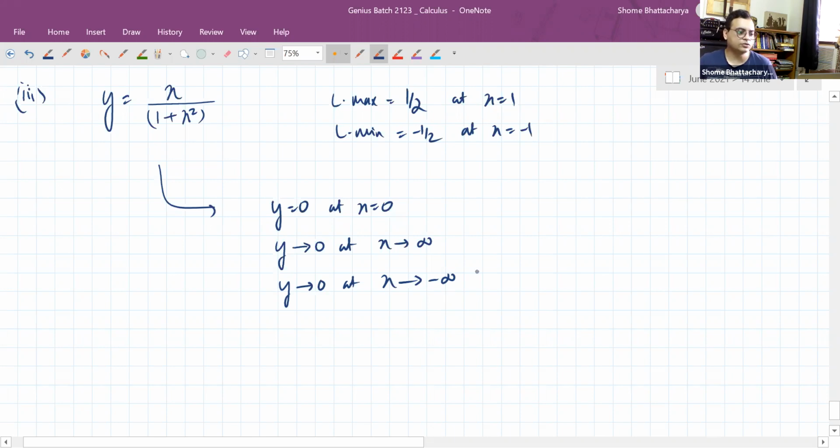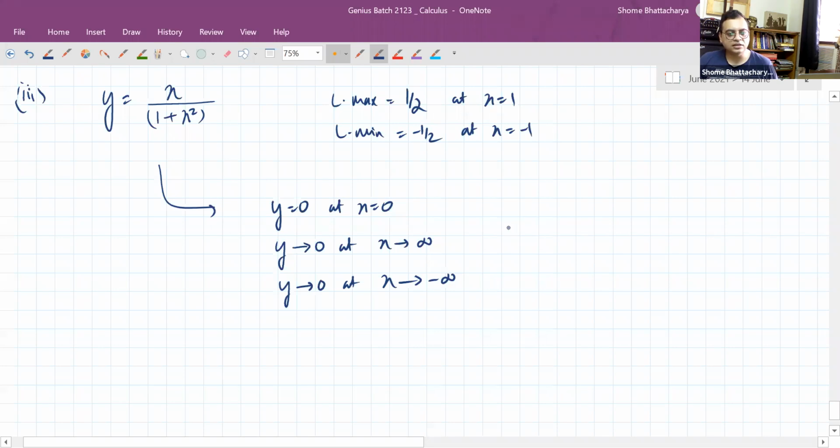So think of x like 10,000. So y is like 10,000 divided by 100 million. So it's obviously tending to 0. Or think of x as minus 10,000. So y is minus 10,000 divided by 100 million. So again, it's tending to 0.